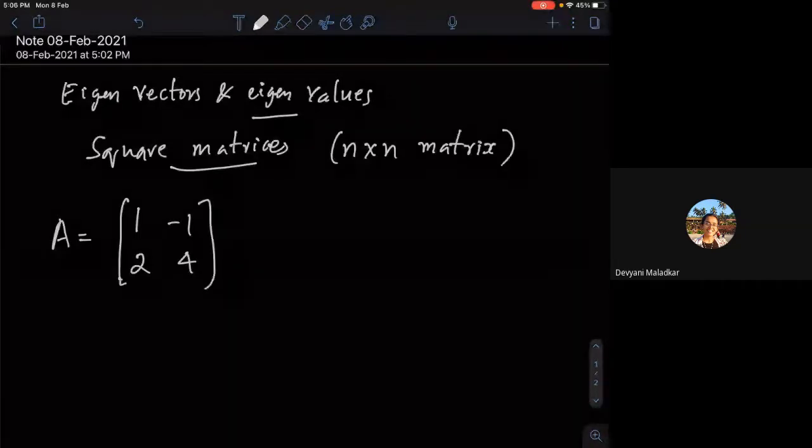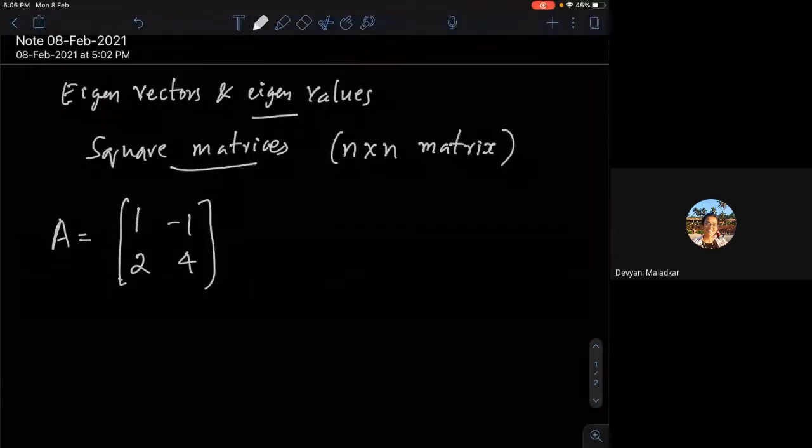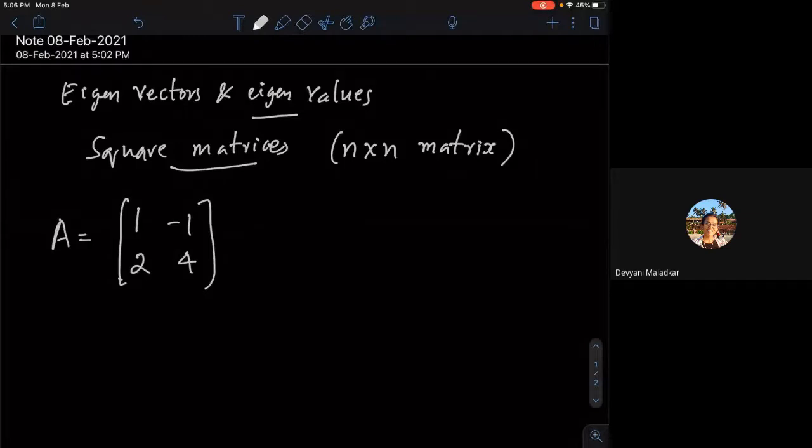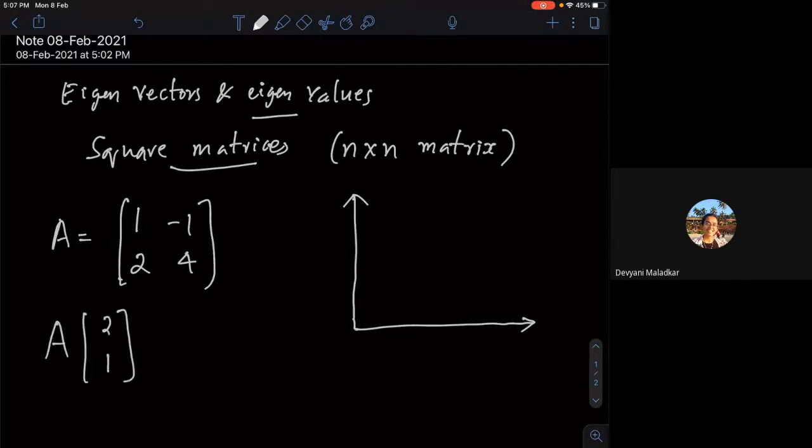So this is one matrix I have, and I'm going to multiply this matrix with a vector. Let's say the vector 2, 1. So I'm going to multiply A with the vector 2, 1, and you should tell me where it is.